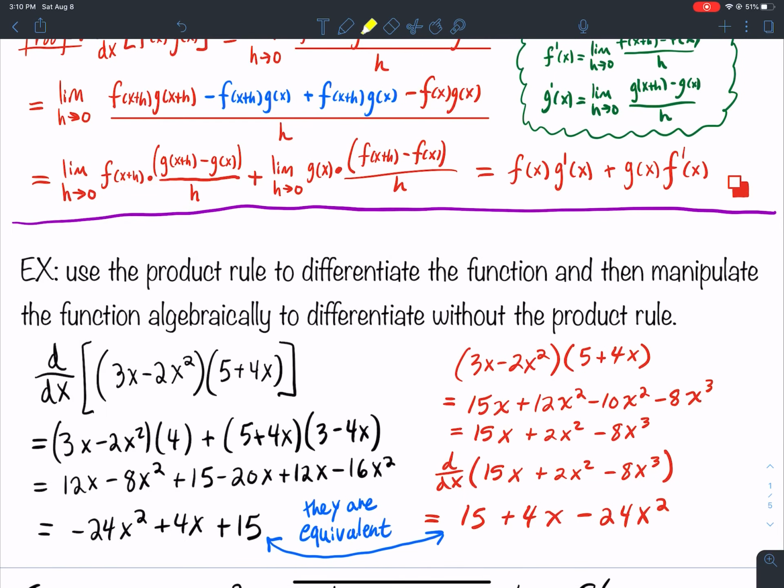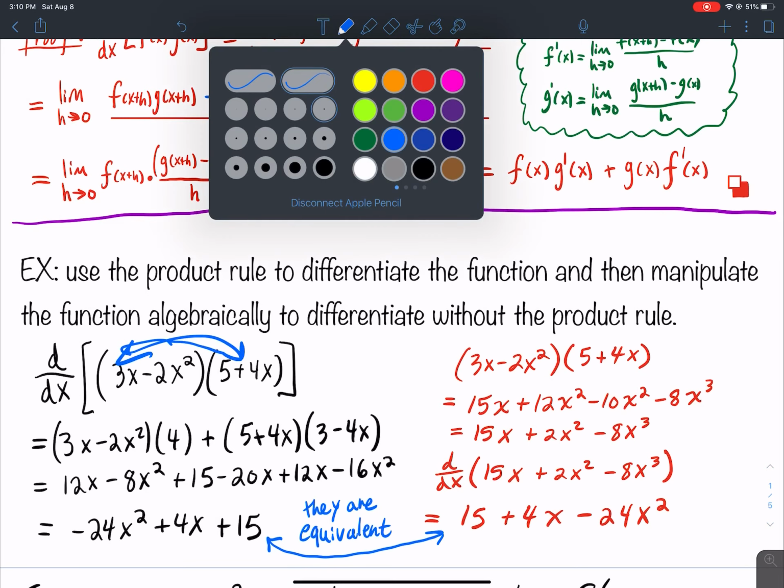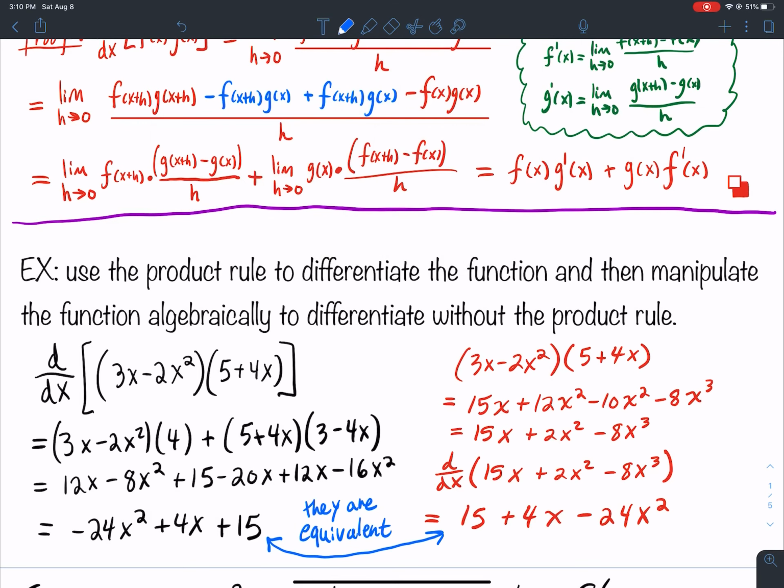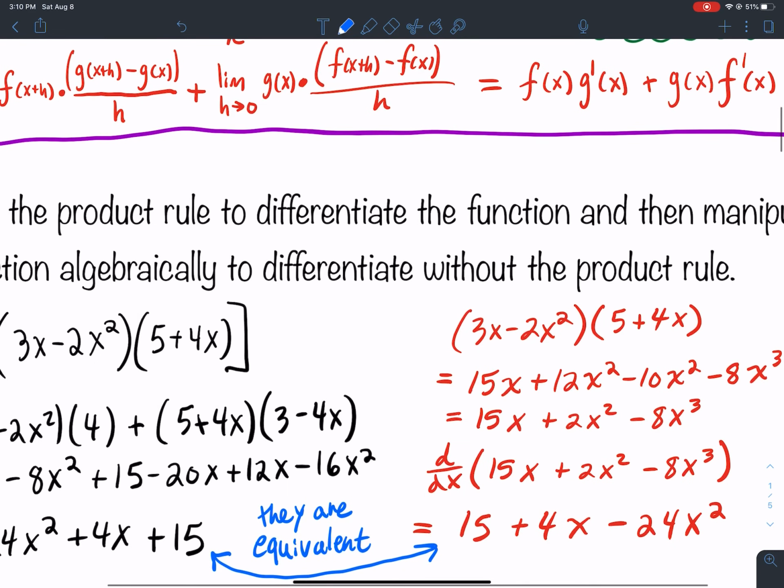So you might be thinking, well, why don't I just multiply this out, right? Well, sometimes it's just not so easy to do. What if you had something like sine x times x plus 2, right?